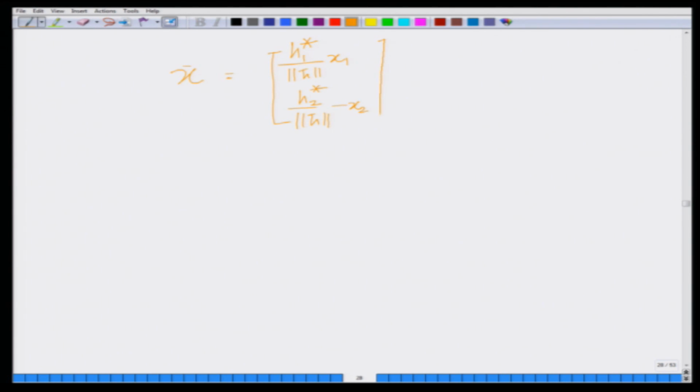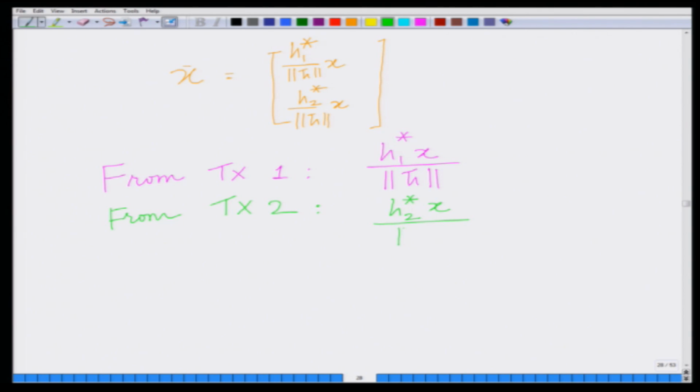Therefore, x times x, and what we are saying is, symbol from TX antenna 1, we are transmitting H1 conjugate x divided by norm H bar, from TX antenna 2, we are transmitting H2 conjugate x divided by norm H bar.